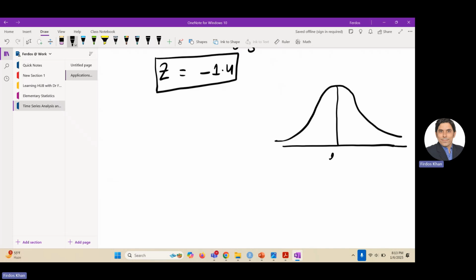Remember, mean is 0, and here are the negative values on this side and the positive values on this side. So we can say Z is equal to minus 1.4, and you need to find this area because they ask less than.